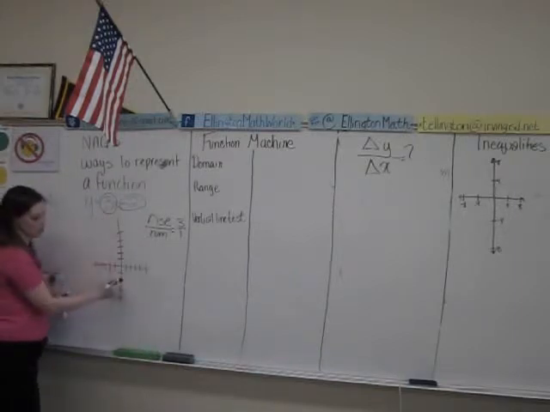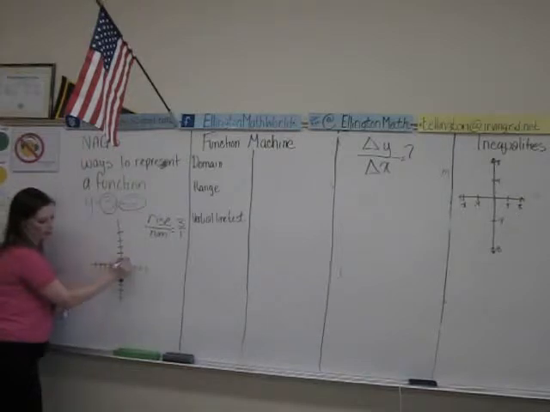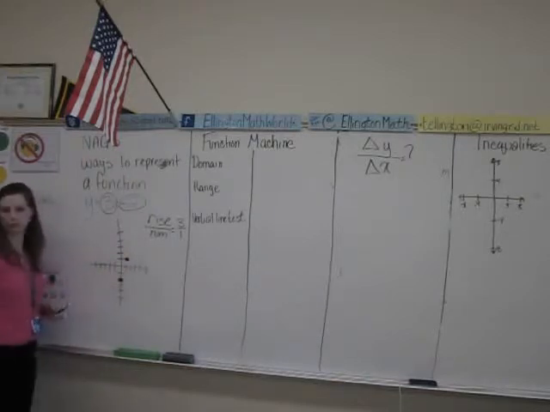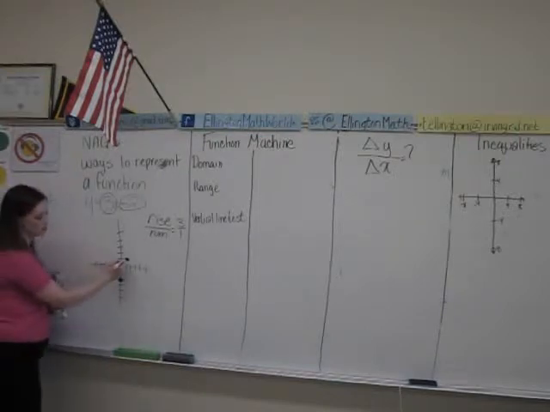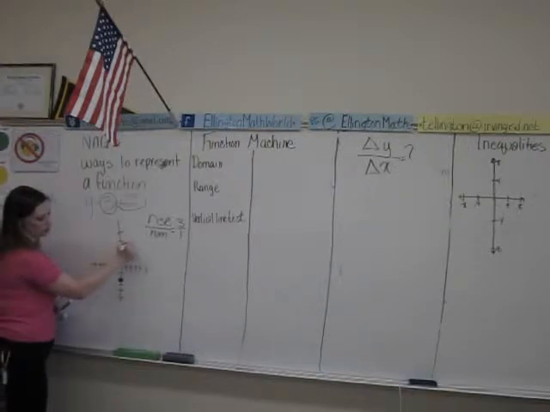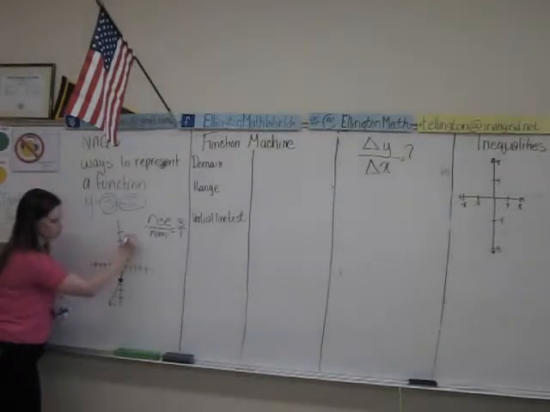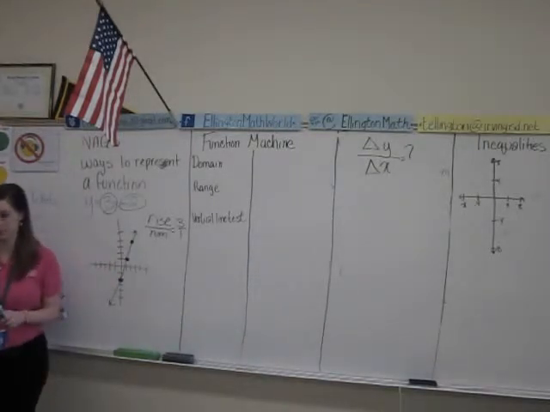But because it's positive, I'm going to go up 1, 2, 3, right 1. Now I have 2 dots. You need 3 to make sure you do it straight. So from here, do it again. 1, 2, 3, over 1. There's how you graph a line.